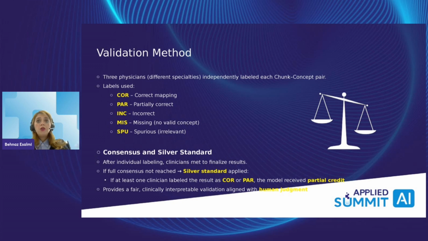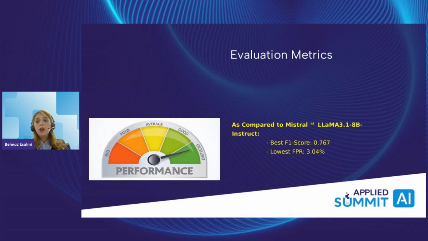And of course, we had some rules. If clinicians didn't fully agree, we applied a silver standard rule. If at least one labeled it correct or partial, the system received partial credit. This way, evaluation better reflects clinical judgment rather than binary correctness in our system.